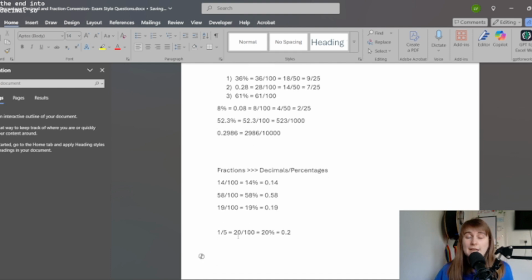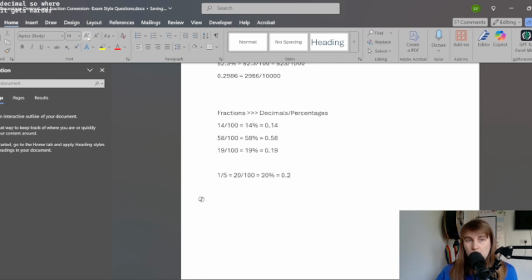Where it gets harder is where the denominators are not factors of 100, and we can't just multiply them up by a simple number or a scale factor to change the fraction to an equivalent. So I might have 8 over 15, and my issue there is 15 is not a factor of 100.